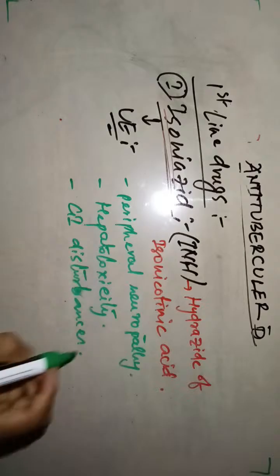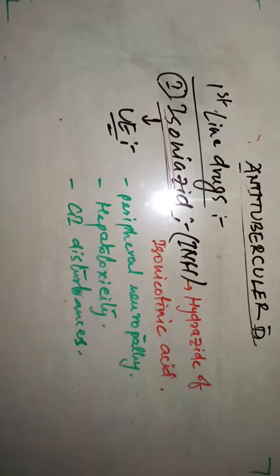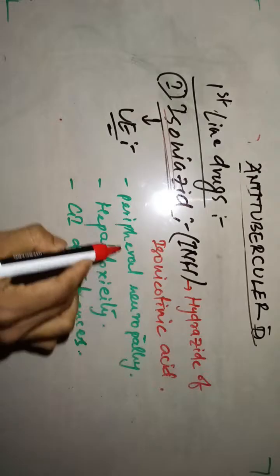Next is GI disturbances. The most important unwanted effect is peripheral neuropathy, then hepatotoxicity, then GI disturbances. GI disturbances are also a little bit common, but peripheral neuropathy is unique.